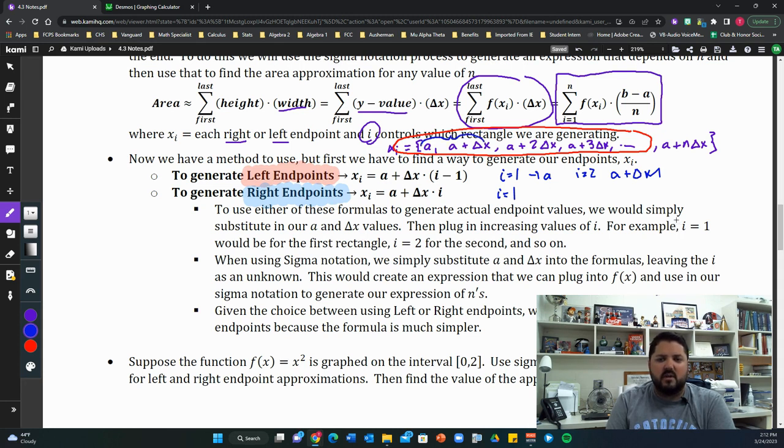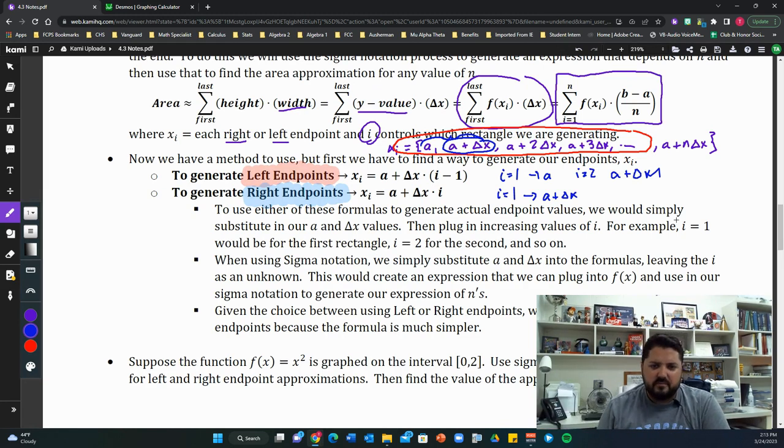So if this works out correctly, my first right endpoint would be this one. When i equals 1, if I substitute that in here, there is no subtracting. Now it's just 1 times delta x, which is delta x. So we do, in fact, end up with what we wanted. Then when i is 2, we would end up with a plus 2 delta x, which would be that correct second right endpoint.